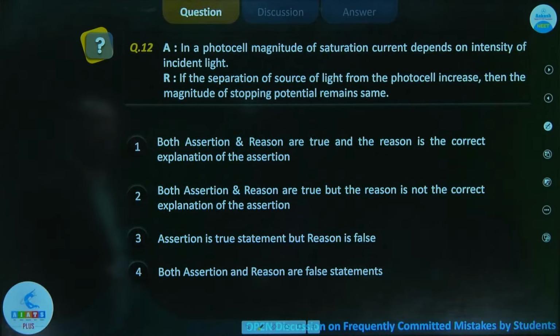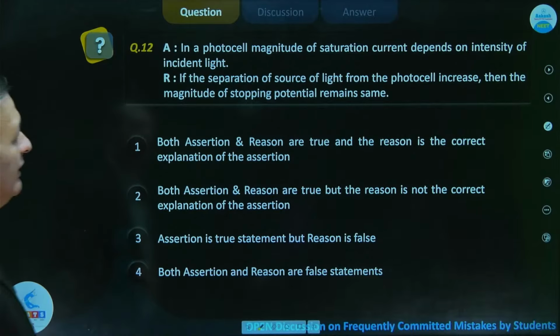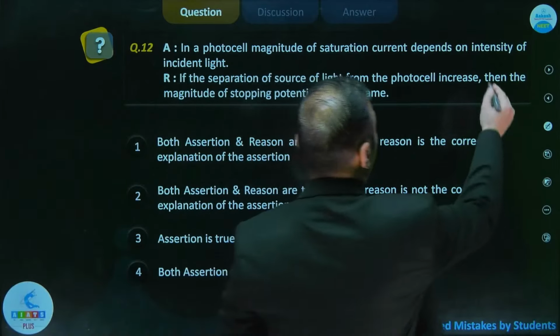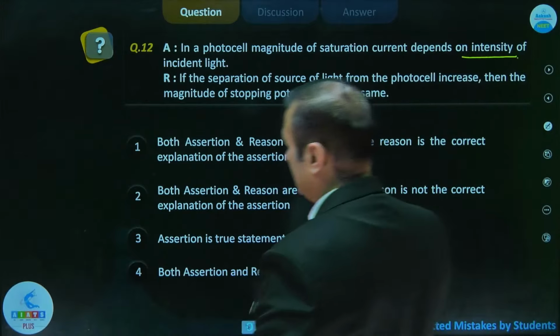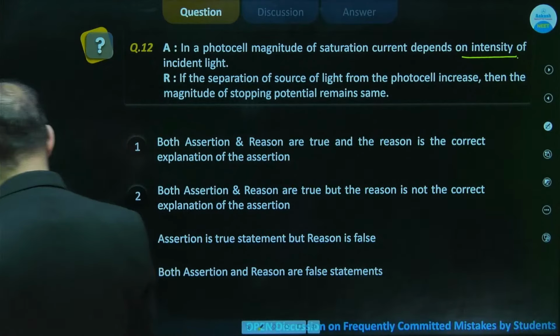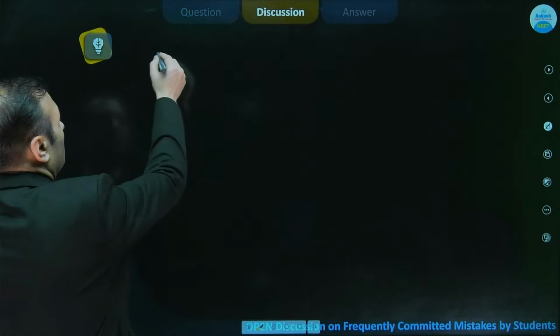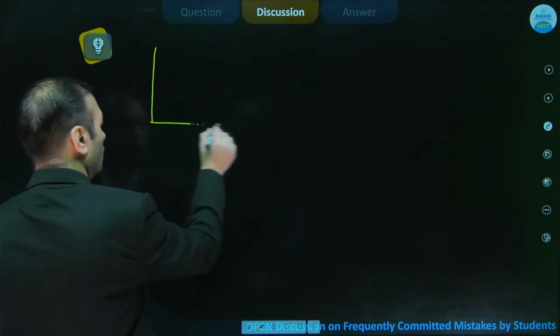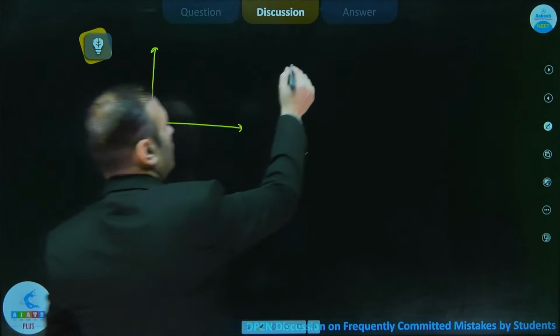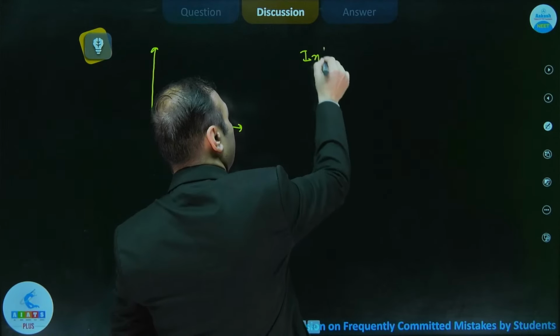Moving to the next. In a photocell, magnitude of saturation current depends on the intensity of the incident light. So what do you mean by intensity?